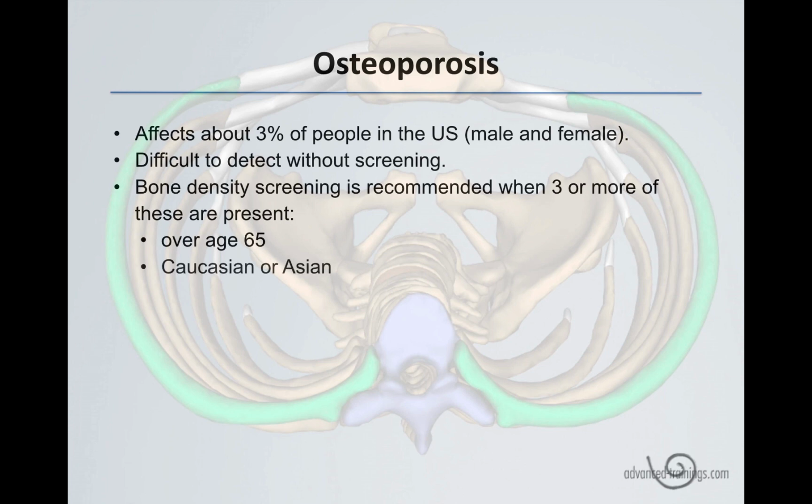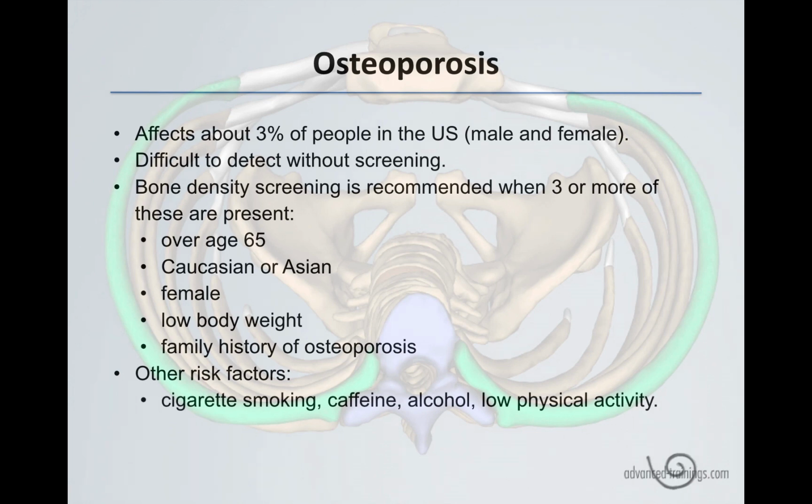Someone is over age 65, Caucasian or Asian, female, low body weight, family history of osteoporosis, and then there are some other risk factors there, but really the 5 that are conventionally used for screening criteria. If I'm a skinny white guy, but I'm under 65, that means I have 2 of the criteria, but not necessarily 3.